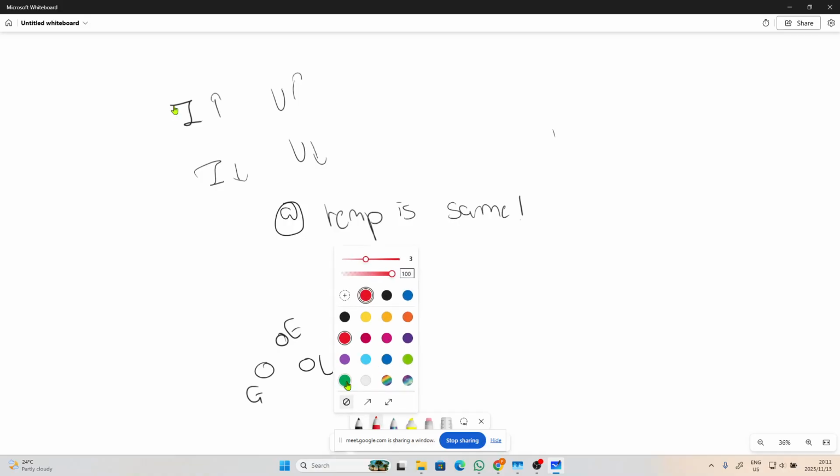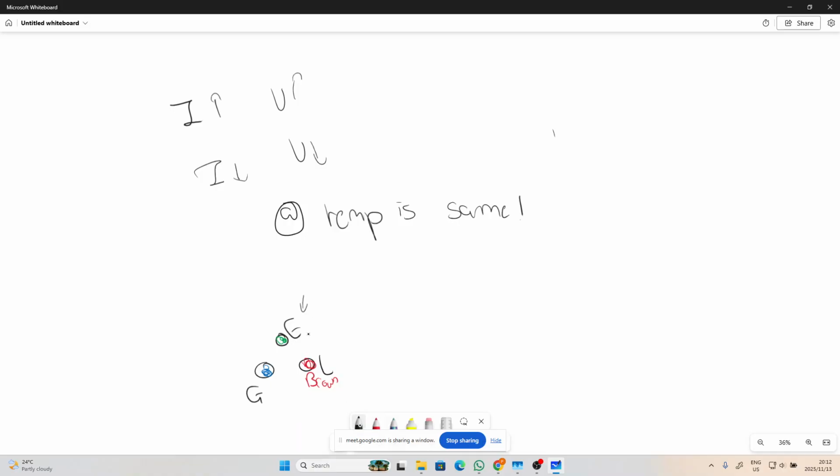Generally, this is green, this is blue, and this is brown. I don't have a brown, but this is brown. So if anything trips, it sends all the current through it.